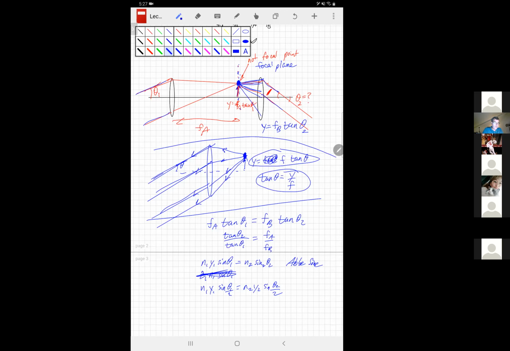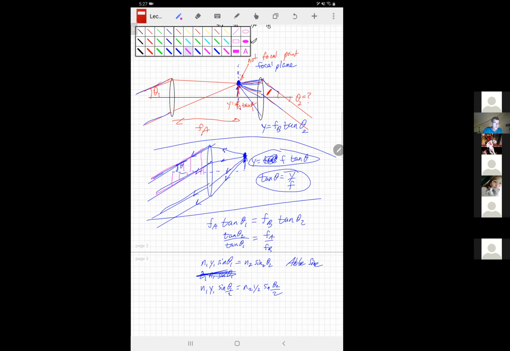In this scenario over here, you see all of these rays on the left side are at different off-axis distances. Even different parts of the ray are at different off-axis distances. Here's a y, here's another y, here's another y. So there's a bunch of different y's on that one ray. Likewise on this one. Down here, the y's are negative. Up here, the y's are positive. All of these rays on the left side have different y's.